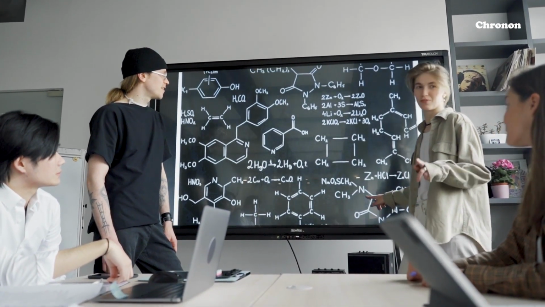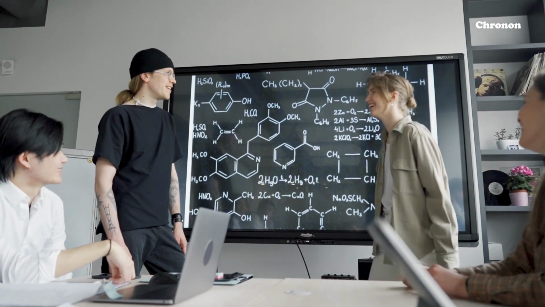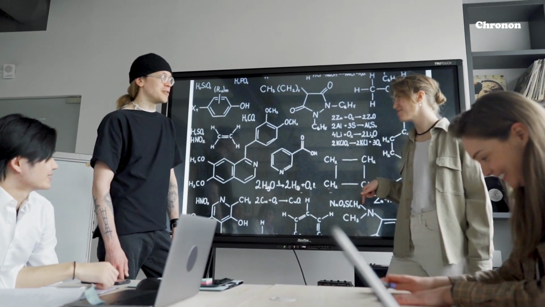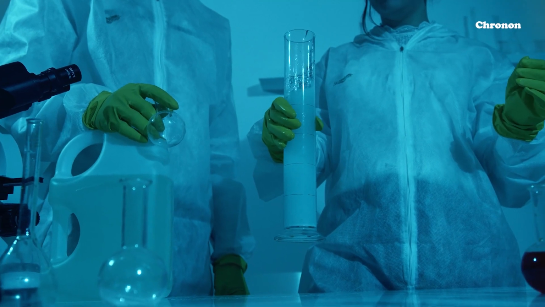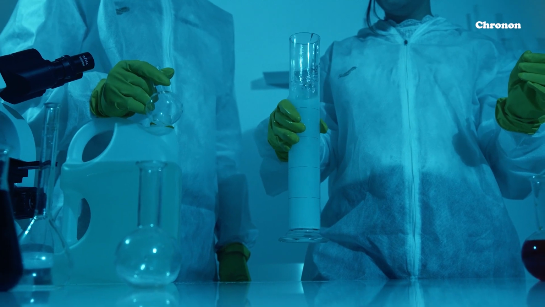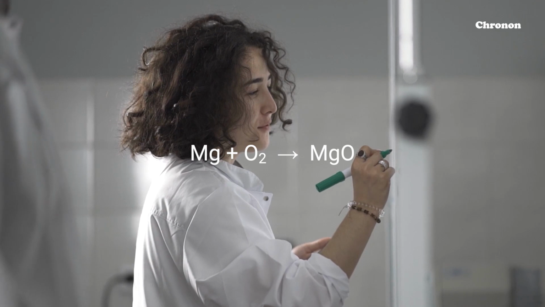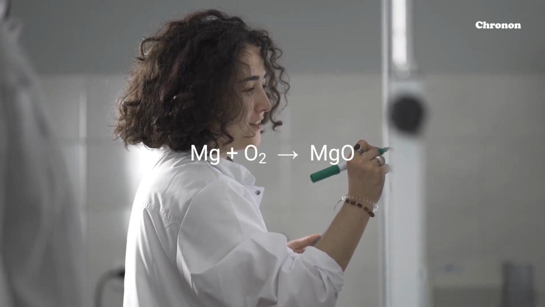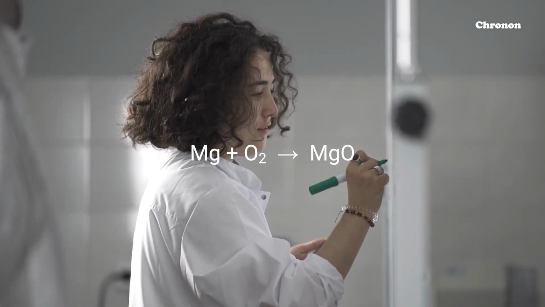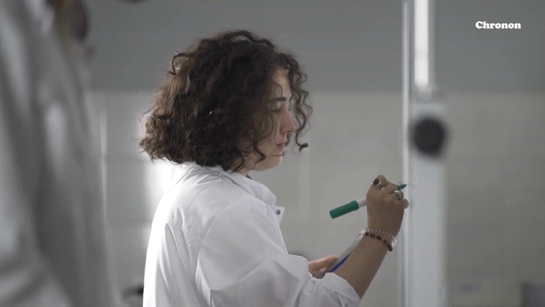It is a simplified version of a chemical equation that shows only the reactants and products of the reaction. The physical states of the reactants and products are not shown in a skeleton chemical equation. For example, Mg plus O2 producing MgO is a skeleton chemical equation because the number of elements is not equal on both sides of the equation.